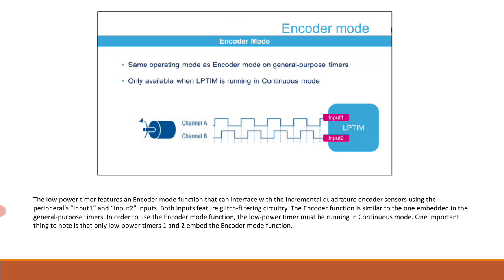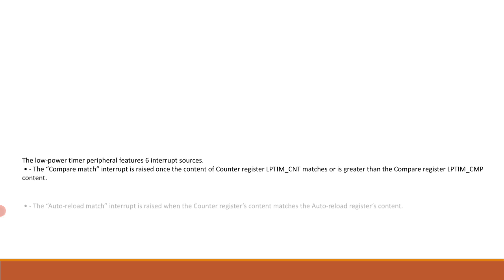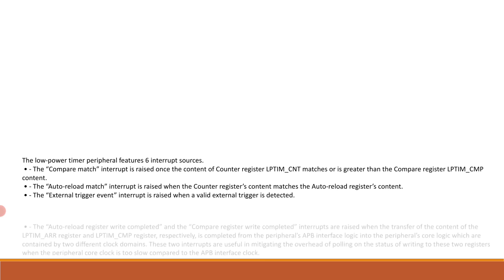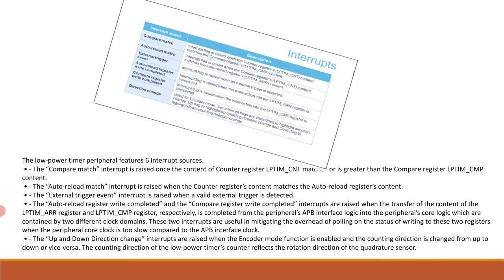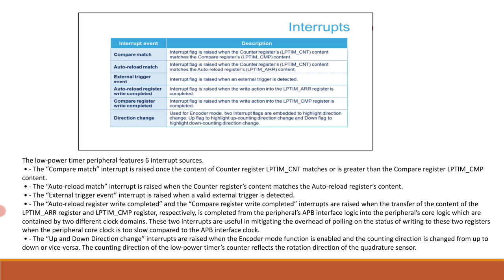So let's quickly talk about LPT peripheral features: 6 interrupt sources, like compare match. Compare match is raised once the content of the counter register LPTIM_CNT matches or is greater than the compare register's LPTIM_CMP content.